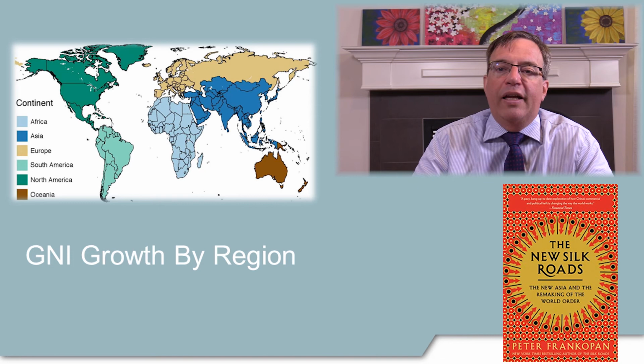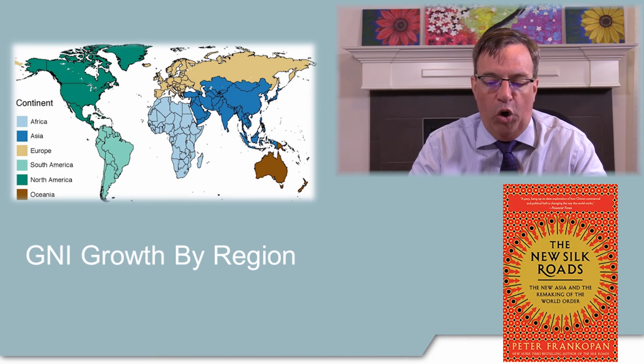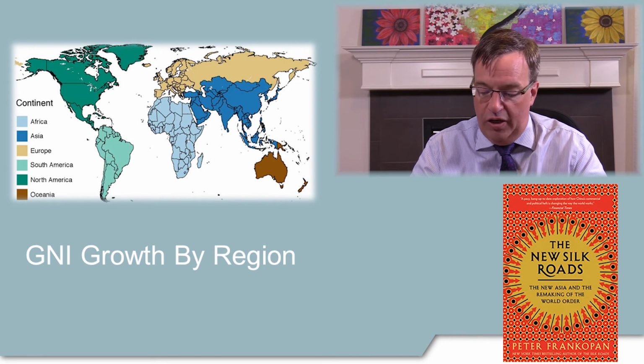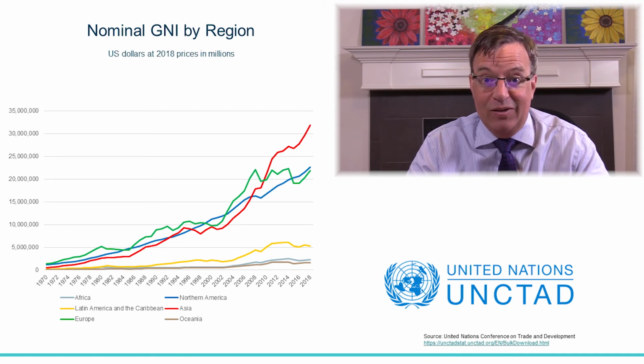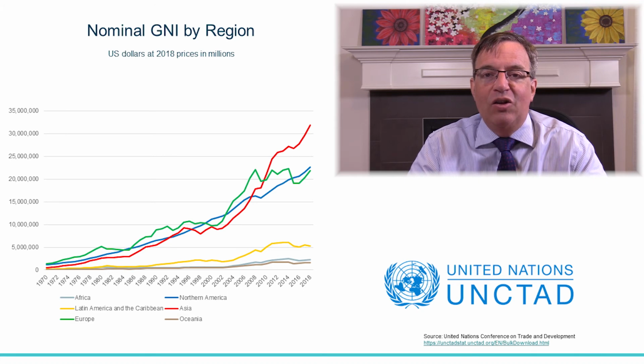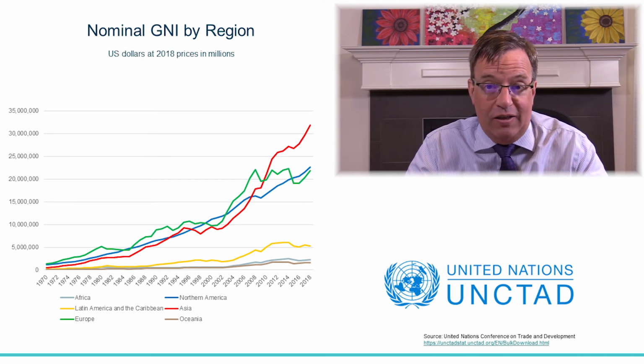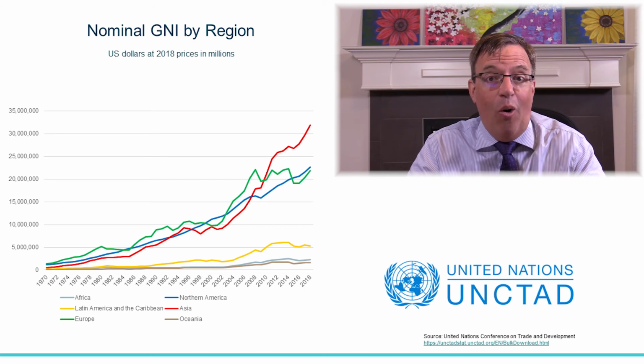So another way to look at GNI in the context of this book is GNI growth by region. So let's look at all the different regions. And I think this is the one that really gets us, right? That the overall GNI of Asia as a region is now the largest. And I think that should hit home for you.